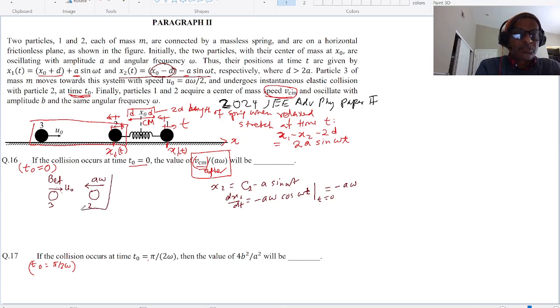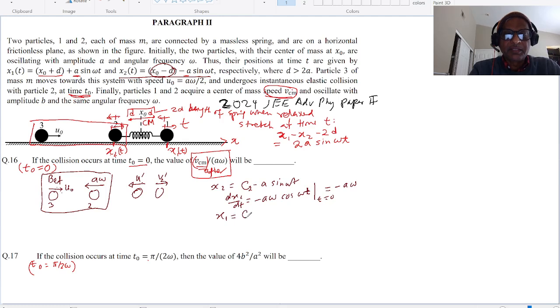So this is the situation before, and then you have the situation after. We can say it recoils with u prime that way, and v2 prime that way. At this instant, let's look at what the x1 velocity is: c1 plus a omega sine omega t.